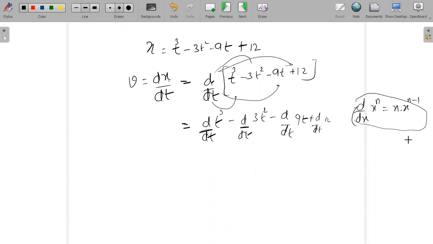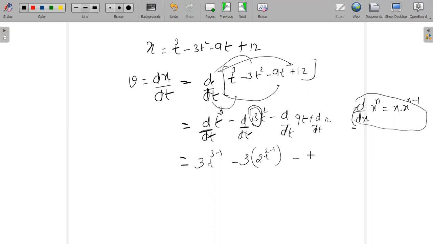Now apply this formula: d by dt of x power n is n x raised to n minus 1. What is n here? You have 3, so it becomes 3 into t to the power of 3 minus 1. Minus, since the coefficient of t square is constant, we take it out: 2 into t to the power of 2 minus 1.